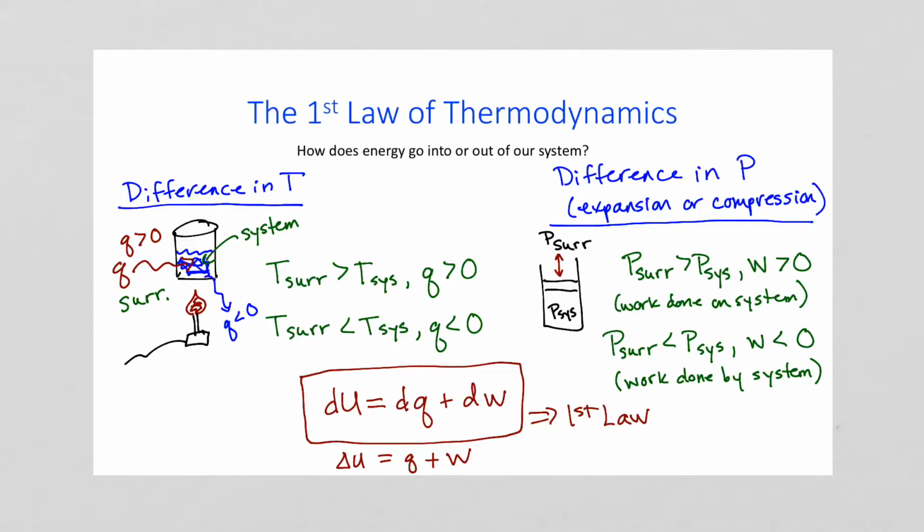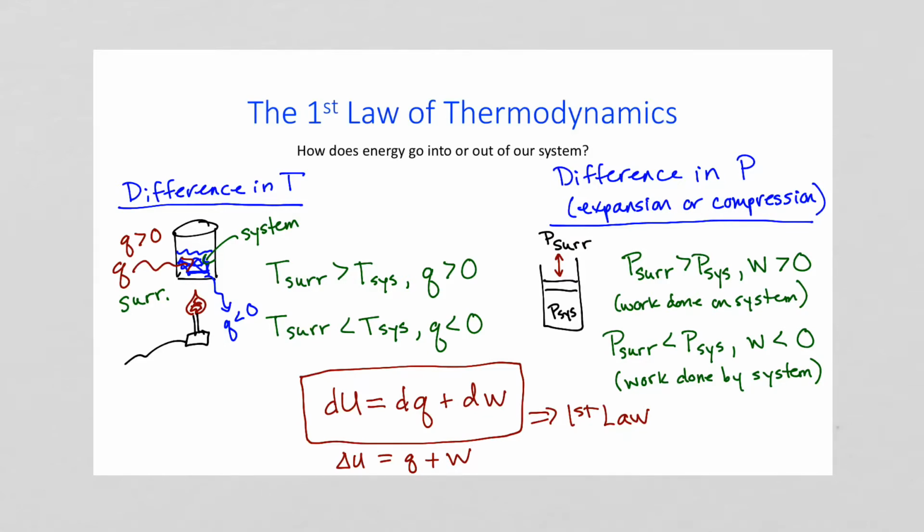The differential form here is for small or infinitesimal changes in our system related to heat and work, and then we can also write it for larger changes in the macroscopic way that you may be used to using in Gen Chem. You might remember that equation from your general chemistry thermo experiences.